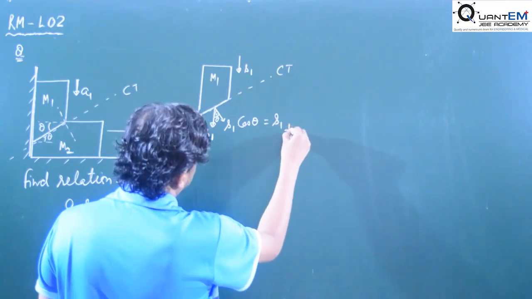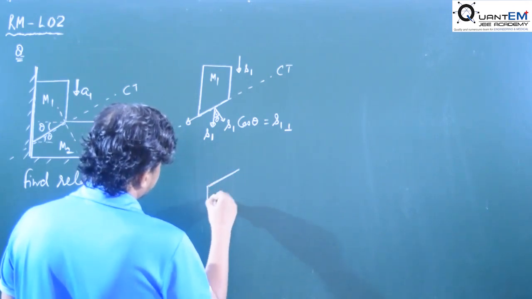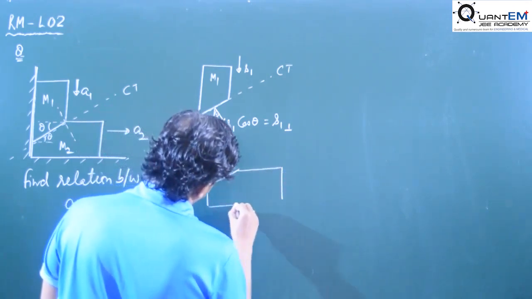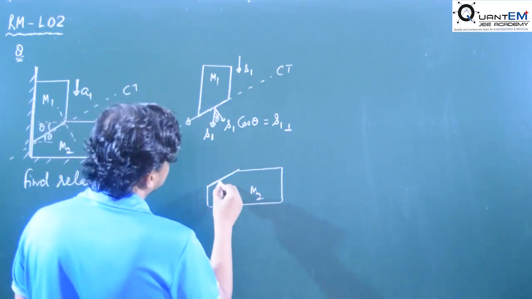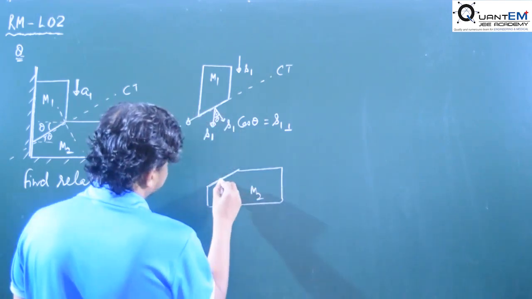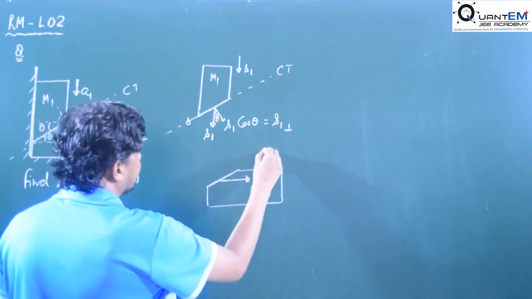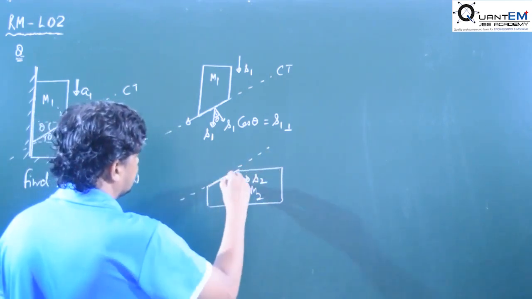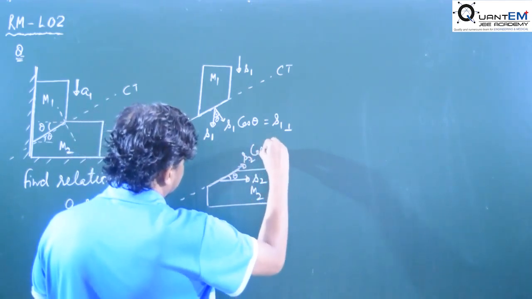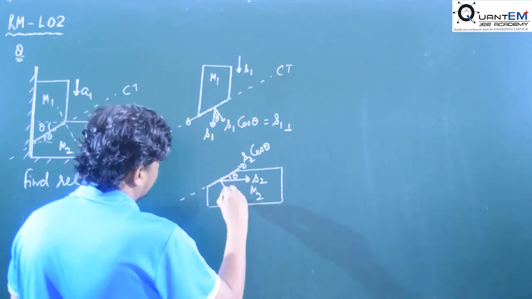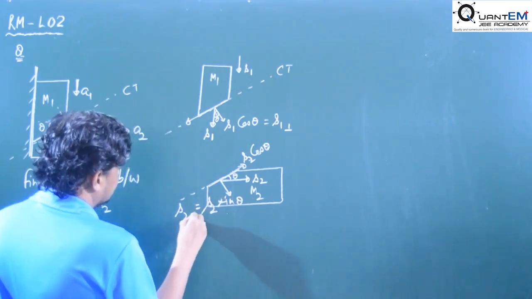It is s1 normal. Now we come to the second mass, m2. Now see, it has displacement in this direction. This one is s2, and perpendicular to the common tangent we have to take the component. Now this angle is theta, so we have s2 cos theta, and perpendicular to the common tangent we have s2 sin theta, that is s2 normal.